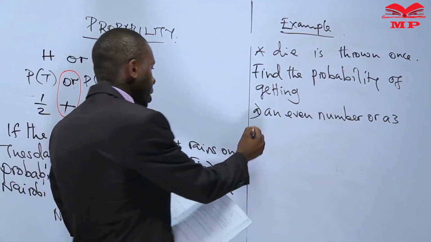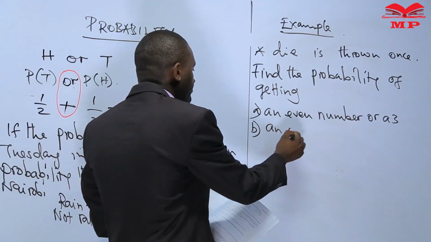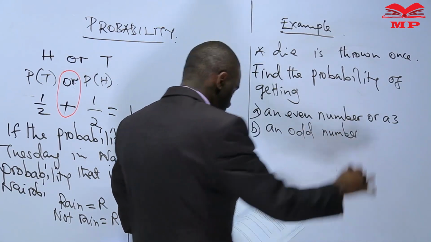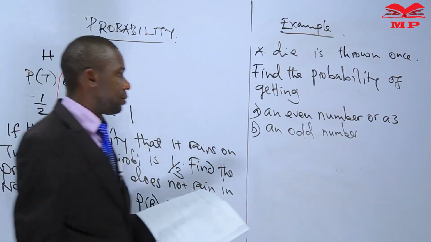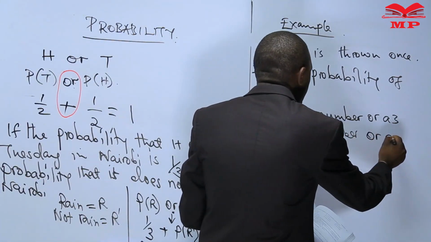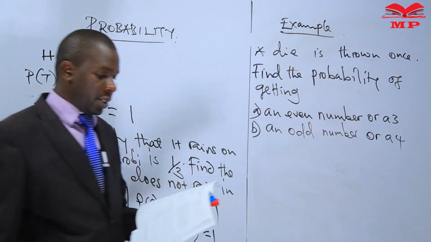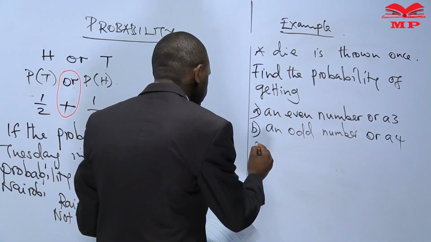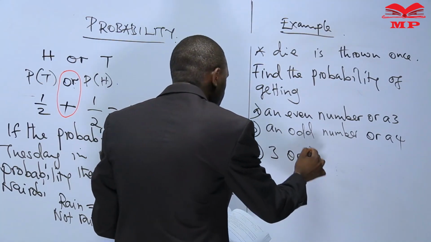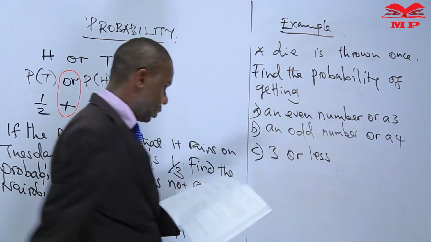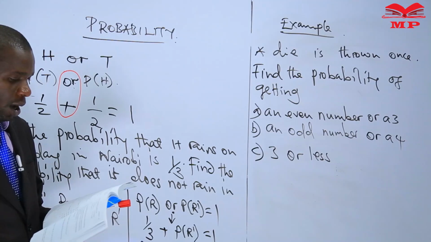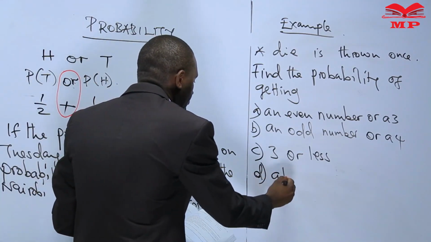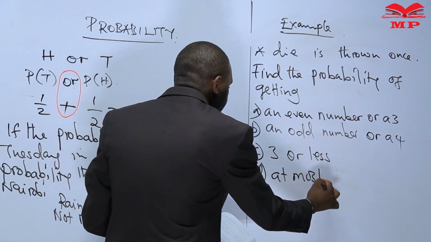B, an odd number or a 4. C, 3 or less. D, at most 3.